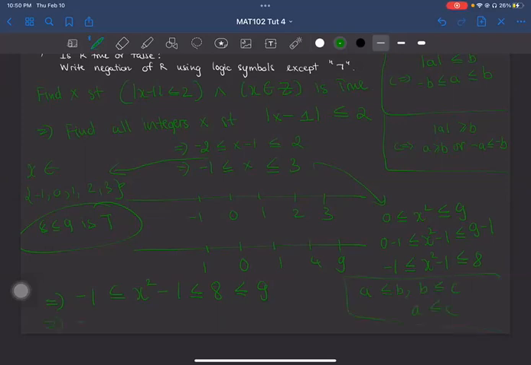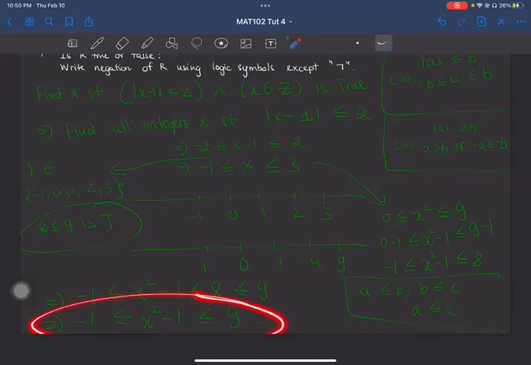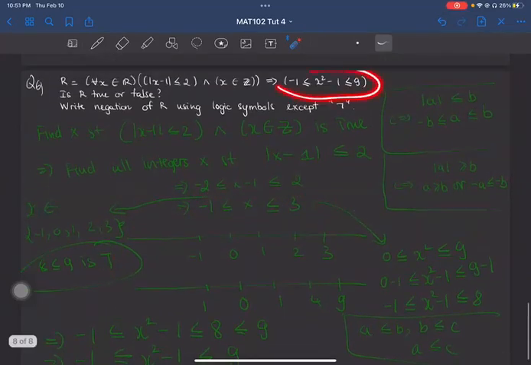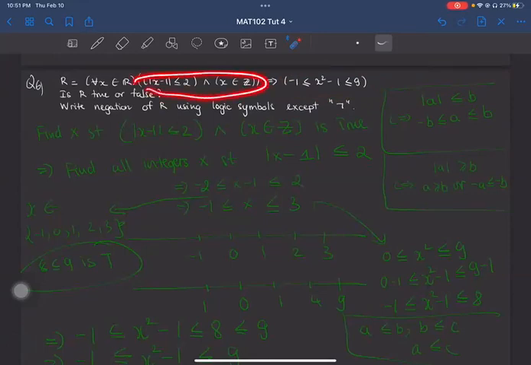So we use it here, negative 1 less than or equal to x squared minus 1 less than or equal to 9. It is true. And this is true for all the values of x that we found here. So the Q part is true for all the values of x that satisfy the P part. Therefore, the statement R is true. So this one is true.